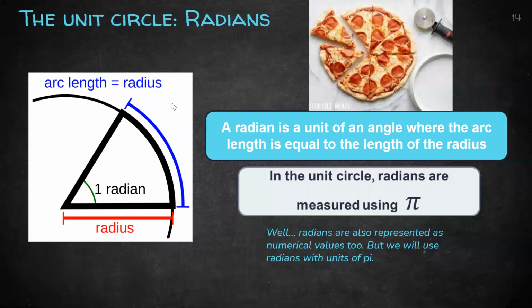So what is a radian? A radian is a unit of an angle where the arc length is equal to the length of a radius. I'm going to draw your attention to the photo on the left. Arc length means the side of this circle right here.